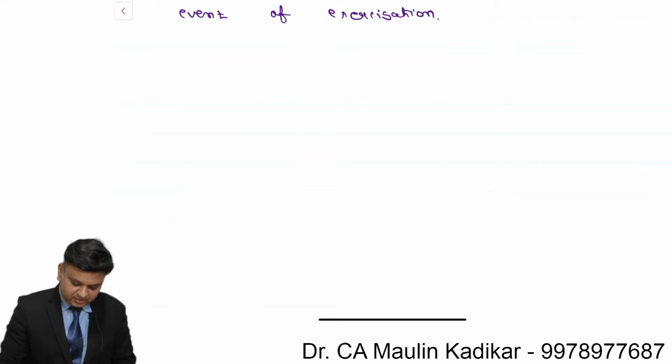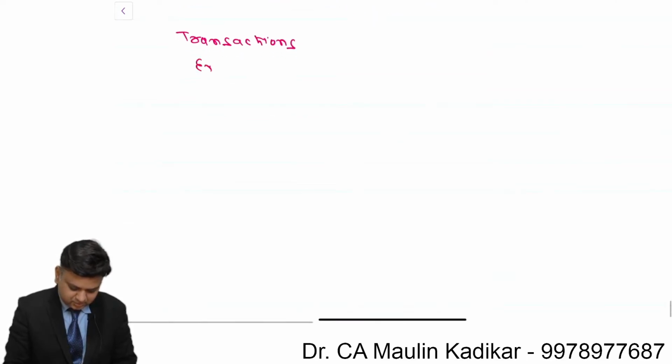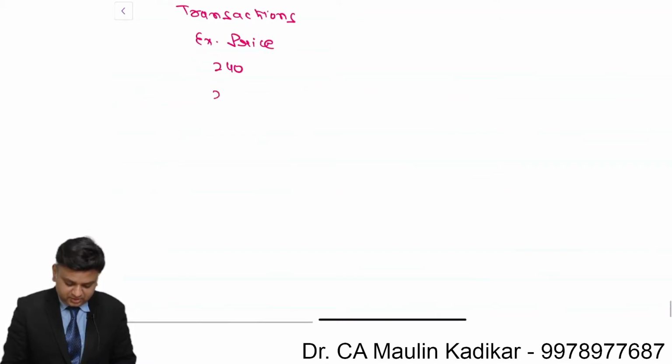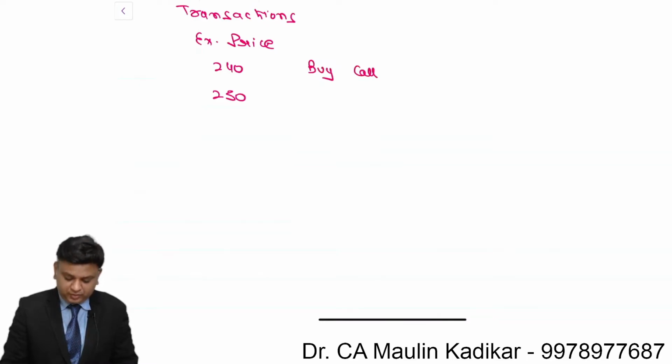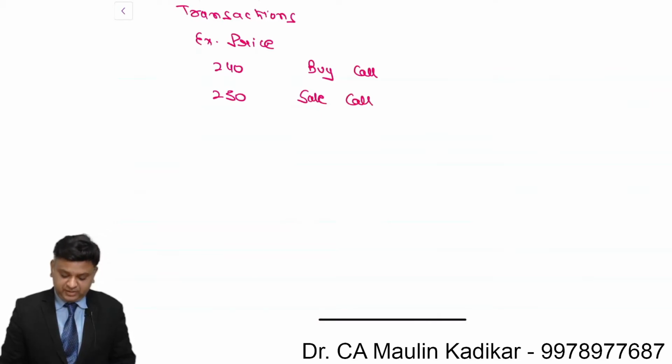Now write down the heading transactions. Exercise price 240, 250. Buy call at 240 and sale call at 250.